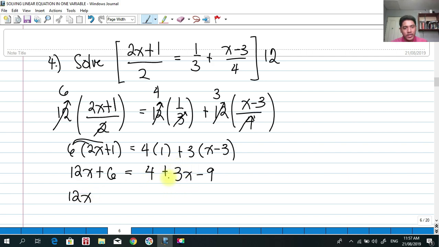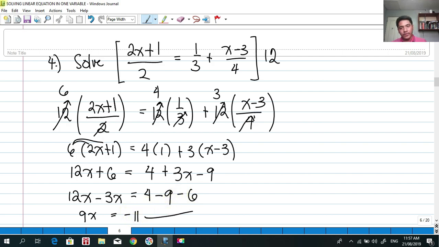We transpose this, minus 3x is equal to 4 minus 9. Transpose this, we have negative 6. Okay, simplifying, we have 12x minus 3x is 9x. And this should be 4 minus 9 is negative 5. Negative 5 minus 6 is negative 11.